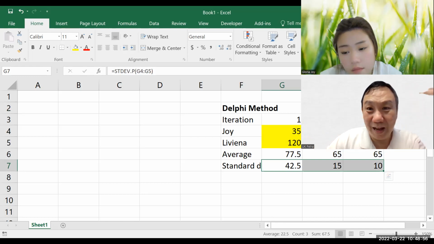Okay, this has been done not only in this class, so this is just simple practice. But if you look at this, this is what is amazing about the Delphi technique. People tend to aggregate and influence each other. Here you don't know the actual opinion of the other person.